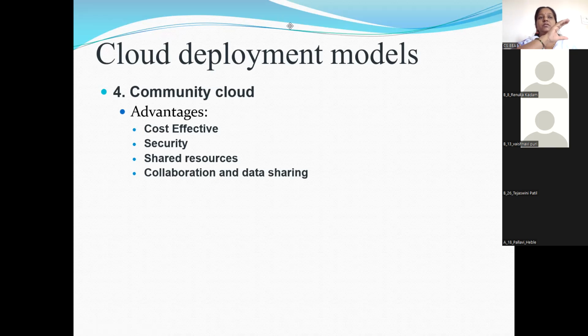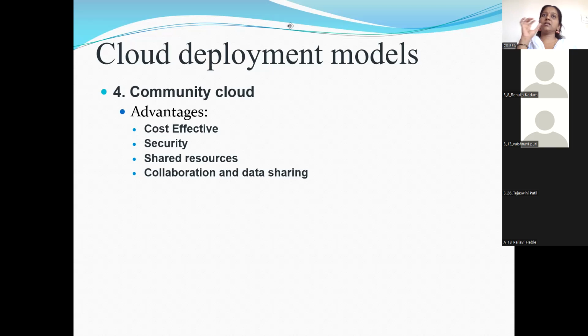Suppose some people or a group of people want a specific kind of service. According to that, the community cloud will provide that particular service. The infrastructure of the community cloud will be shared between organizations which have shared concerns or tasks.